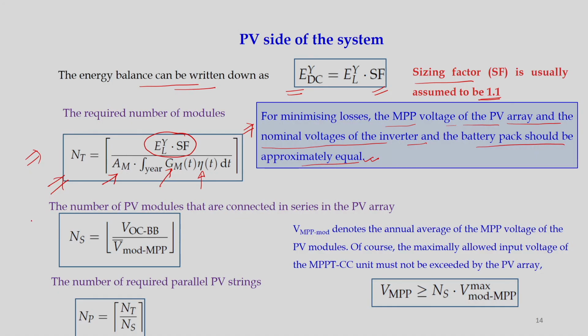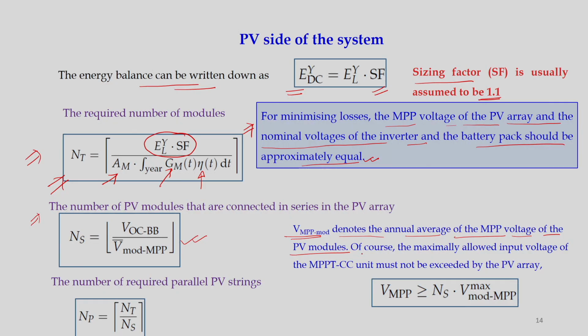Again, if we are interested to know the number of PV modules to be connected in series, then we need to follow this rule, like V_OC,b to the V bar_MPP. So, V_MPP denotes the annual average of the maximum power point voltage of the PV module.